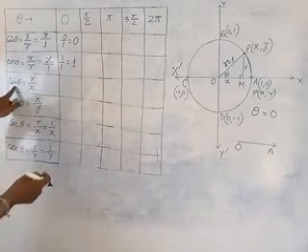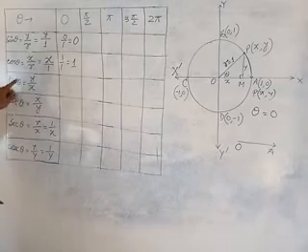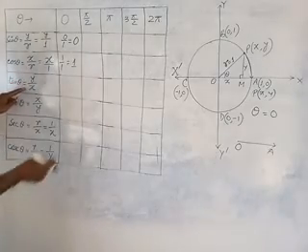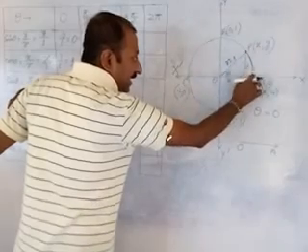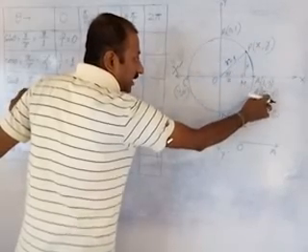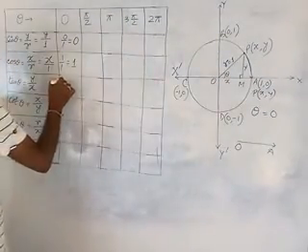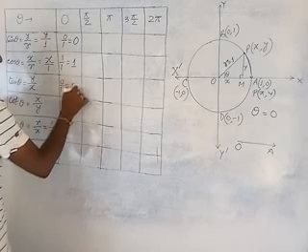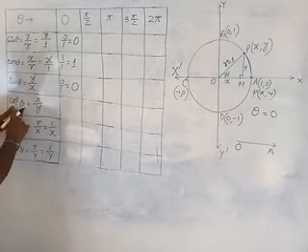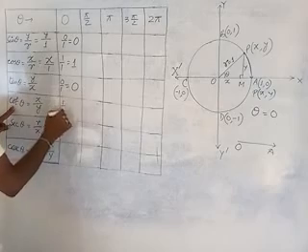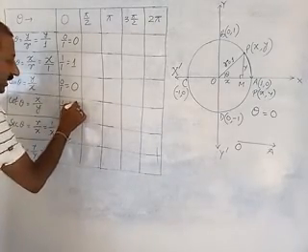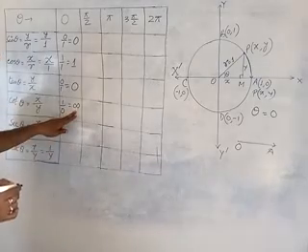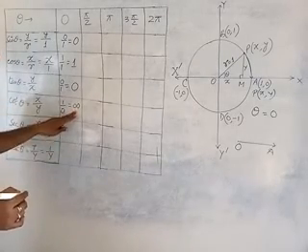Now tan theta is y by x. When P coincides with A, the value of y becomes 0 and x is 1. So 0 by 1 means 0. What will cot be? It will be 1 by 0. Anything by 0 is undefined, we say. It is not defined, and we use this symbol for undefined.